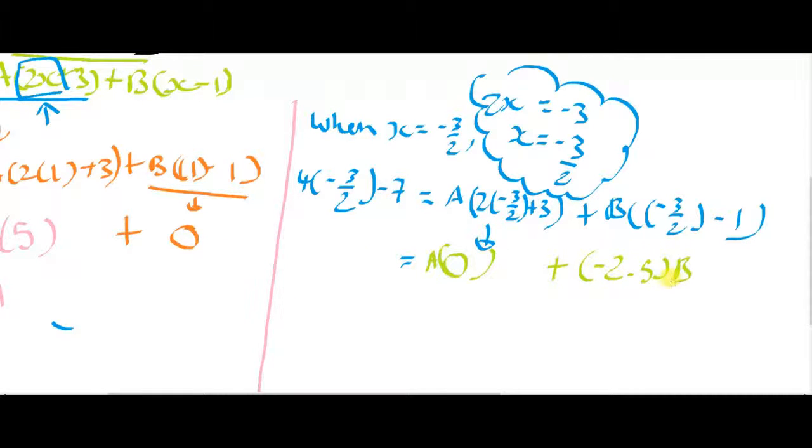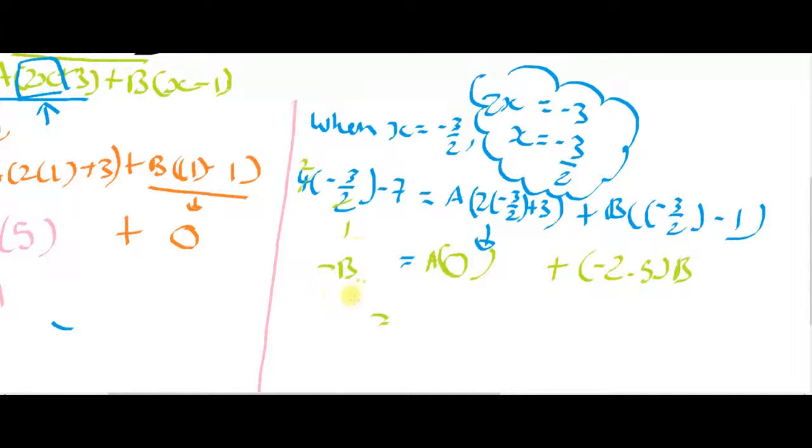Don't forget your B over there. What about this bit? 4 times minus 3 over 2 is minus 6, minus 6 minus 7 is minus 13.